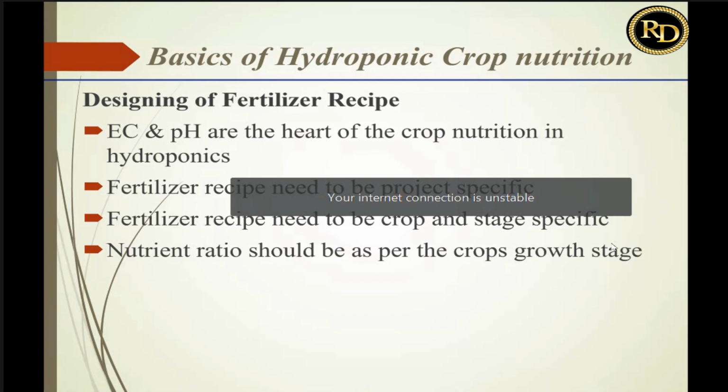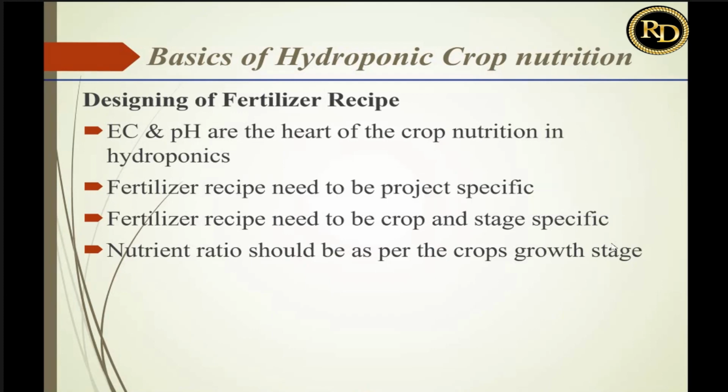Because the moment you are transplanting your seedling, root development is the most important thing at that time. So your recipe needs to be designed so that you supply more nutrients which support root development.